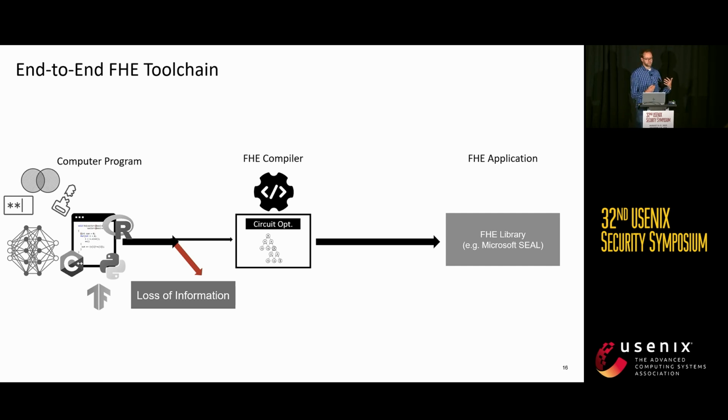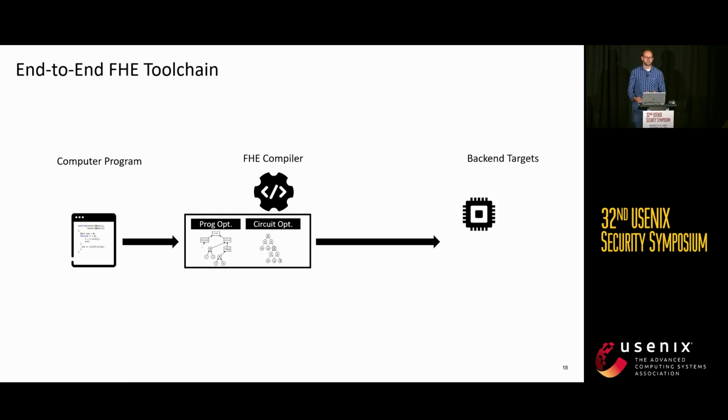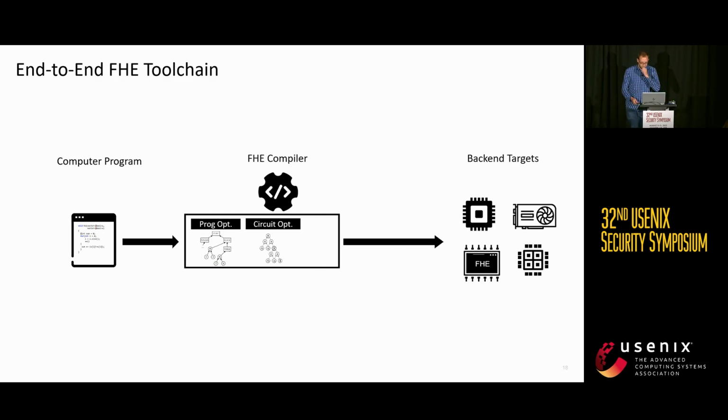And so we introduce a novel extension to the pipeline by introducing a high-level scheme-agnostic abstraction for FHE that allows us to implement higher-level optimizations as well. On the other hand, we want to move beyond just targeting software implementations and target underlying hardware directly, including upcoming dedicated hardware accelerators for FHE.